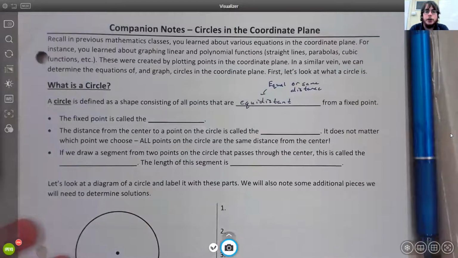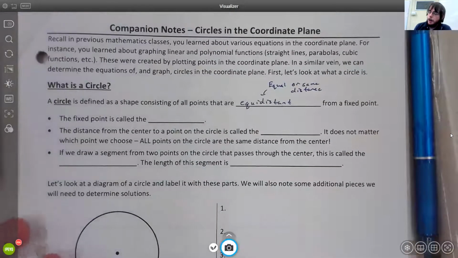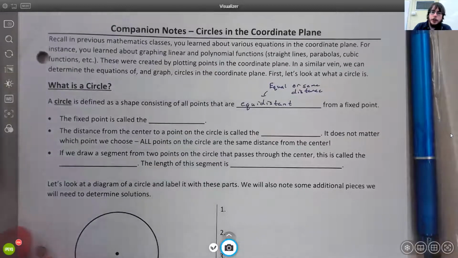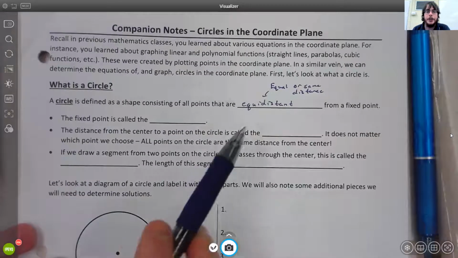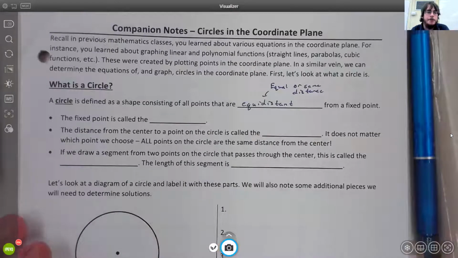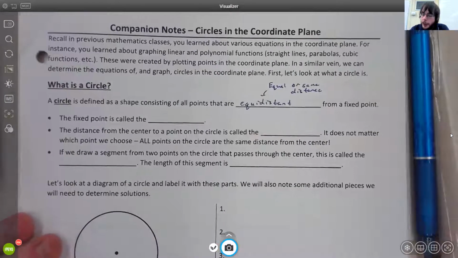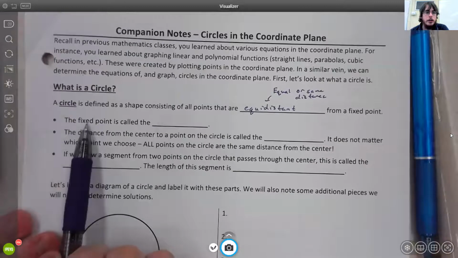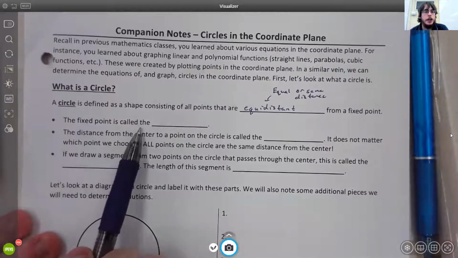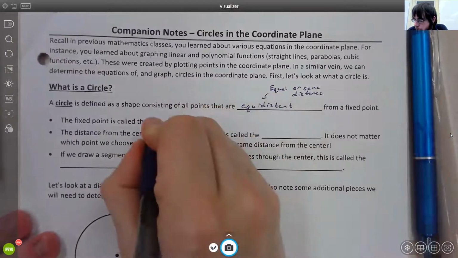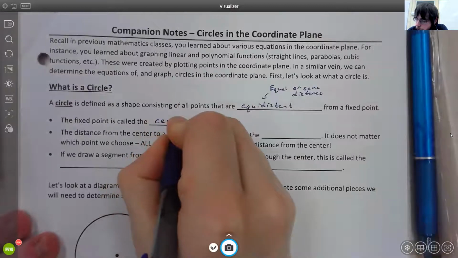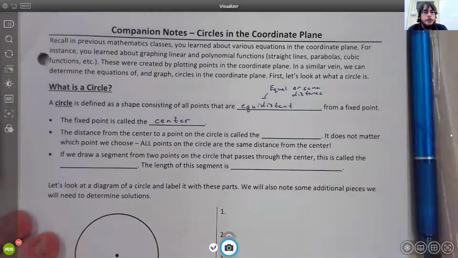So there's a fixed point where all of the points that are on the circle are the same distance away. Now, the fixed point of a circle is called the center. Okay, it's called the center of the circle.